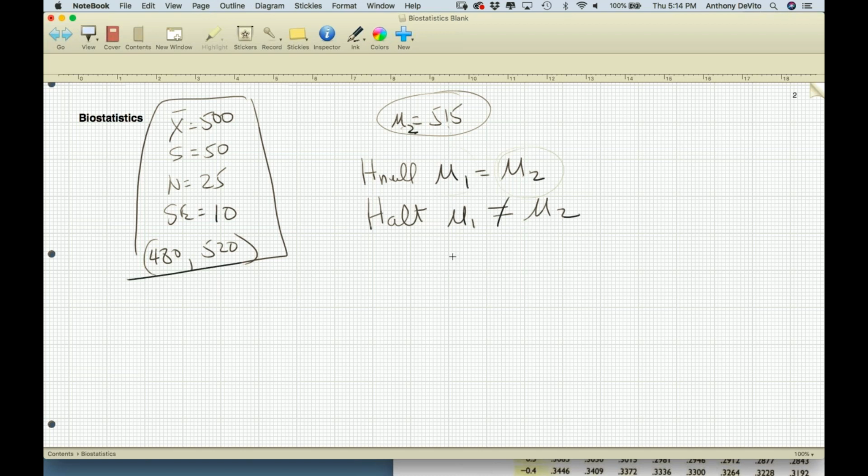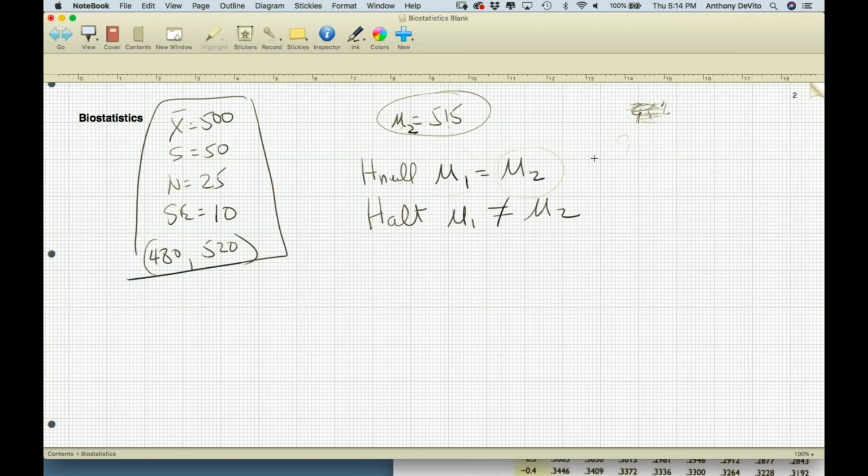So the next thing I have to do is say to myself, well, what level of significance do I want to apply to this? How accurate do I want to be? Do I want to be 95% certain? Do I want to be 99% certain? Let's say you want to be 95% certain. When we're putting together a hypothesis, we don't express it in terms of how certain we are.